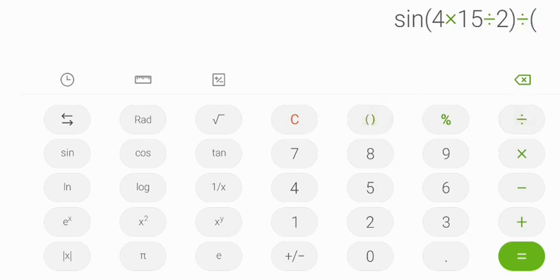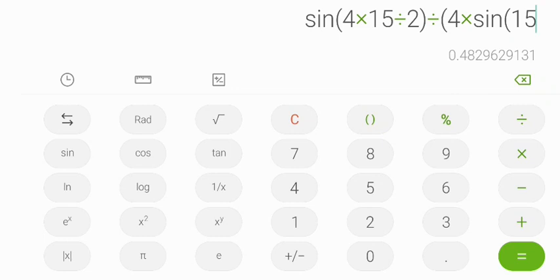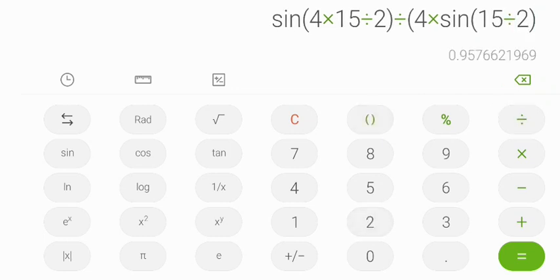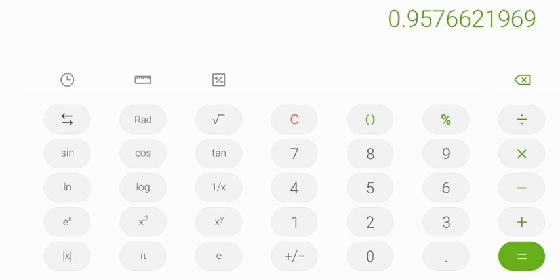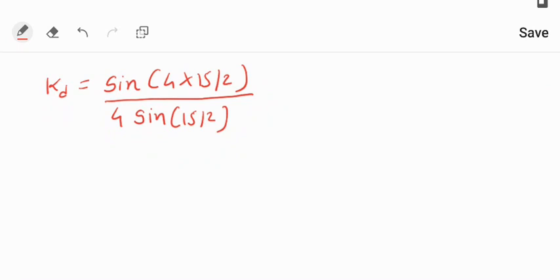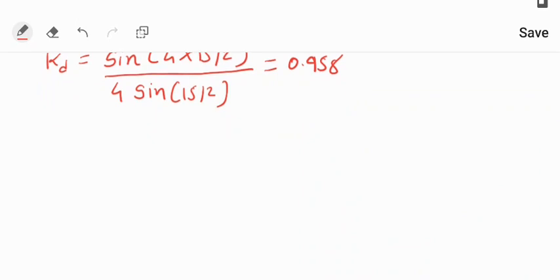So the value we got is 0.957, and in place of 0.957 we can write 0.958. So after the calculation, KD is equal to 0.958.